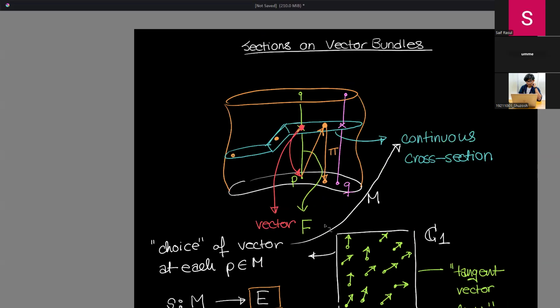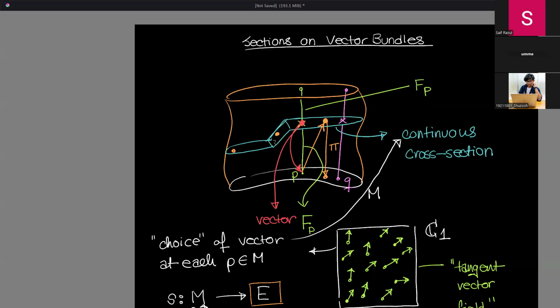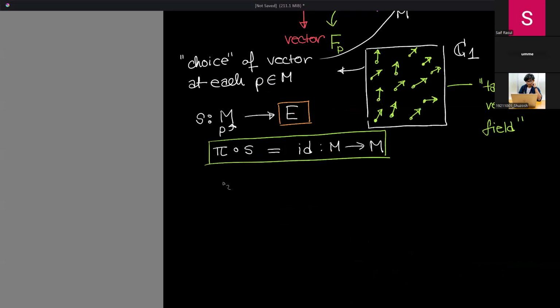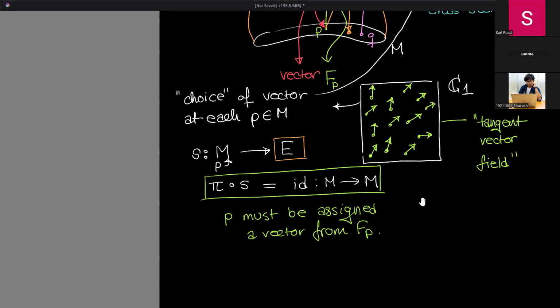But that doesn't work because I want to attach to P something from TPM or something from FP, right? In general. So if this is FP, then I want to assign to P a vector from FP. So this condition is basically telling me that P must be assigned a vector from FP. That's all.